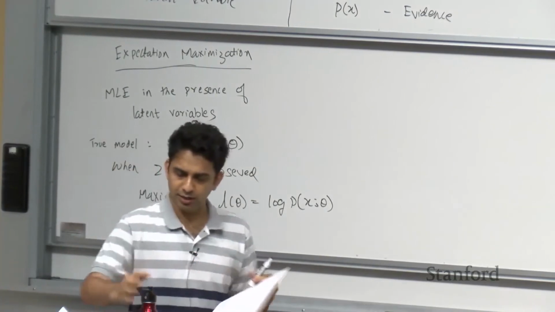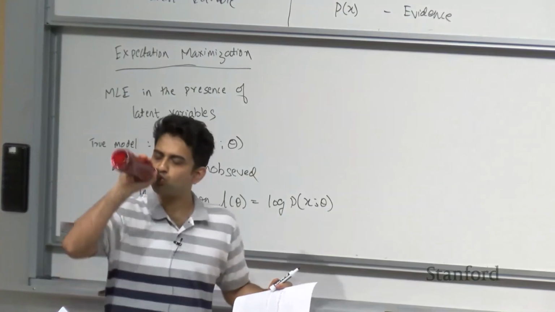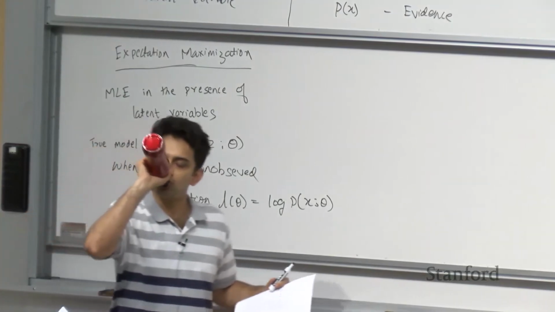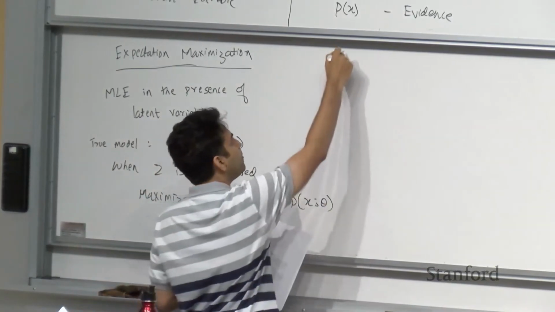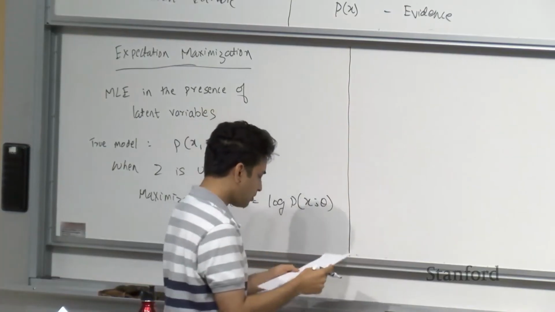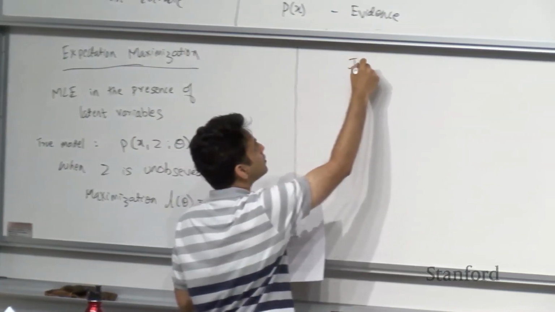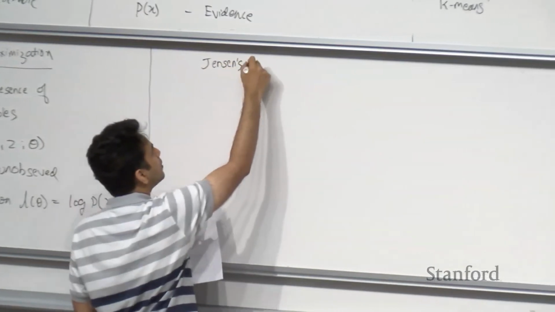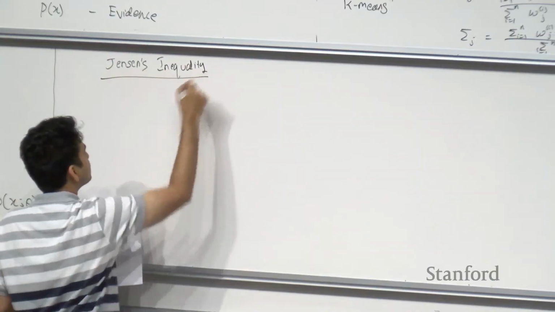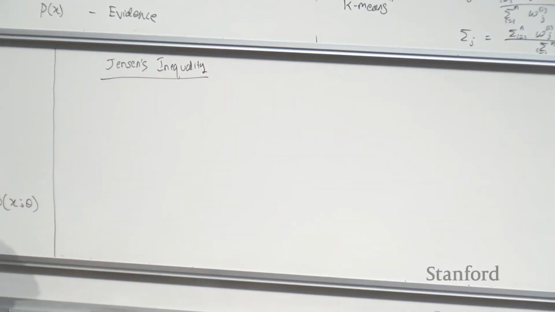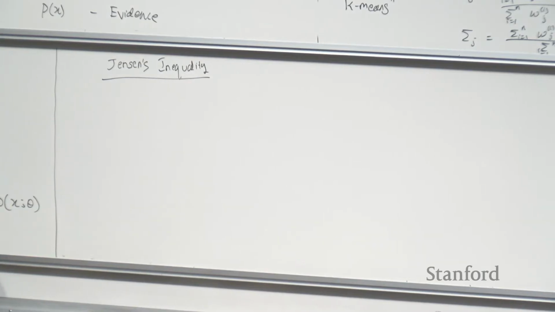Before we jump into the EM algorithm, we're first going to look at something called Jensen's inequality. Jensen's inequality is a very general probabilistic inequality that's used in very many places in probability theory and applied probability theory, and it will show up in our derivation of the EM algorithm as well.